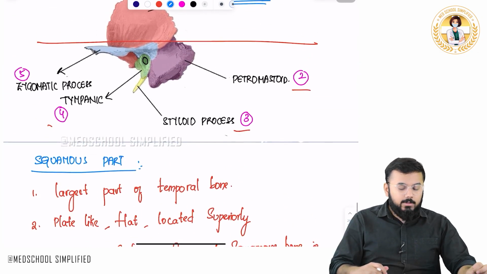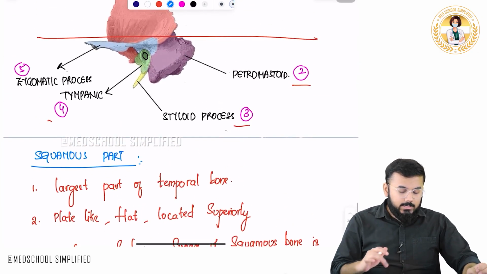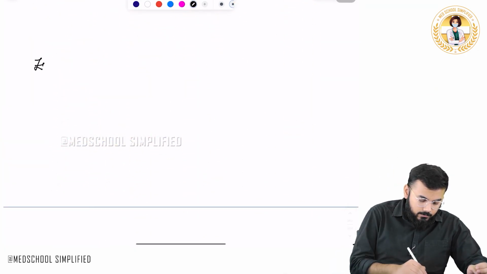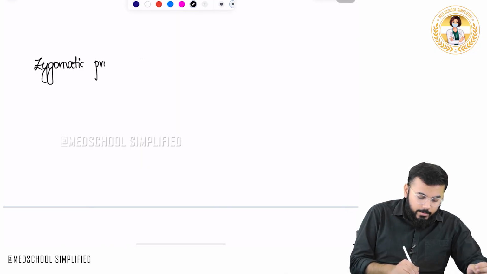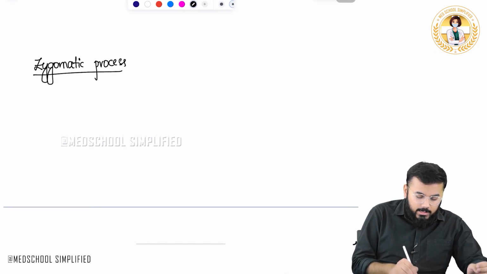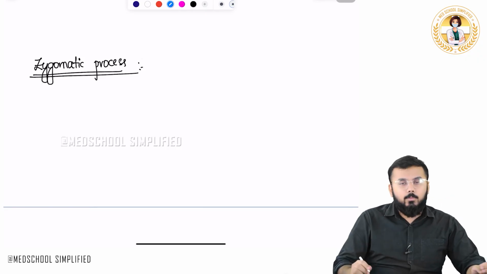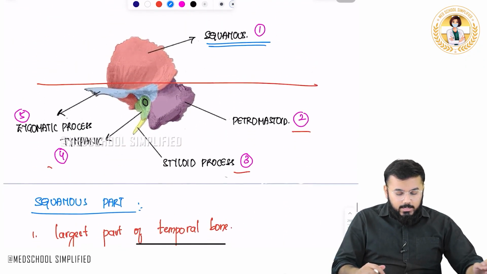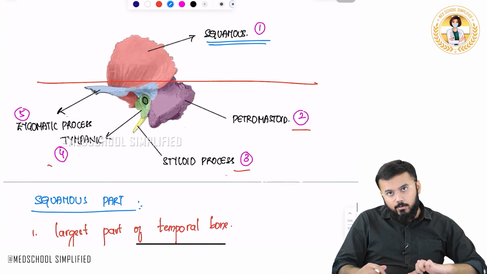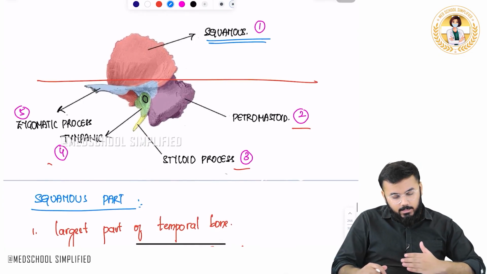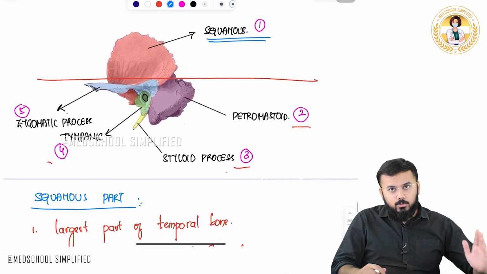And the second important thing we shall discuss is the zygomatic process. Now regarding this zygomatic process, where is it present? A zygomatic process is present in the lower part of the temporal bone. It is arising lower to what? It is arising lower to the squamous bone.